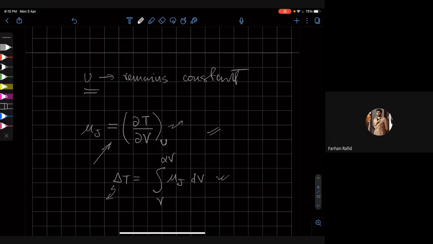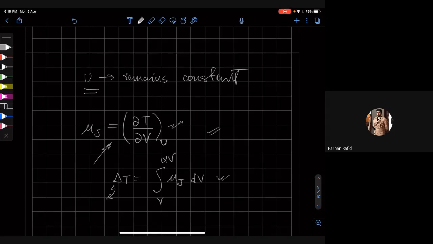The idea is that we are looking at the Joule expansion of a van der Waals gas. The Joule expansion is an irreversible process, and therefore we shouldn't be able to use partial derivatives, because temperature, pressure, and volume are not well defined during the process.